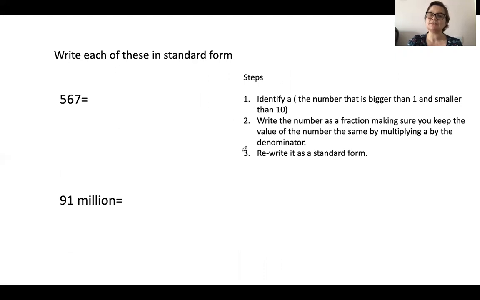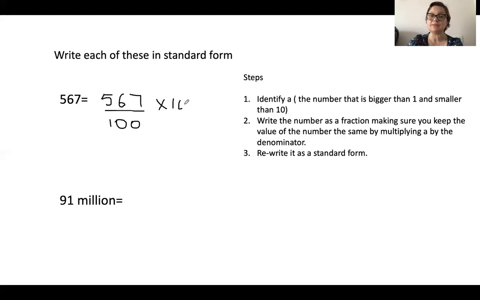I have prepared a set of steps for you. We know now that a for number 567 is going to be 5.67. To get 5.67, that means you divide by 100. So divide this number by 100, and we're going to write it as a fraction: 567 divided by 100. But now, in order to keep the value of the number the same, we have to multiply by 100.